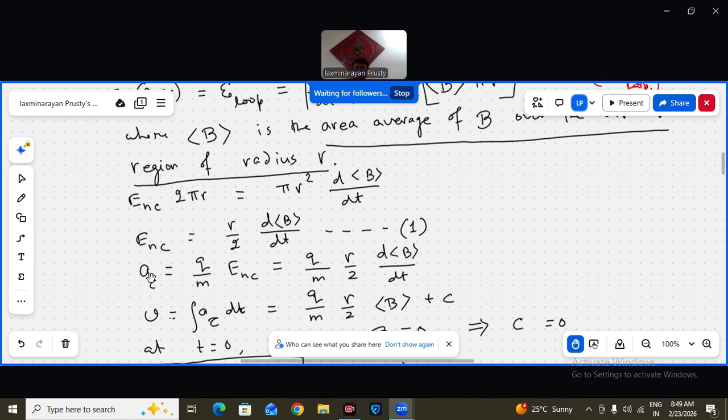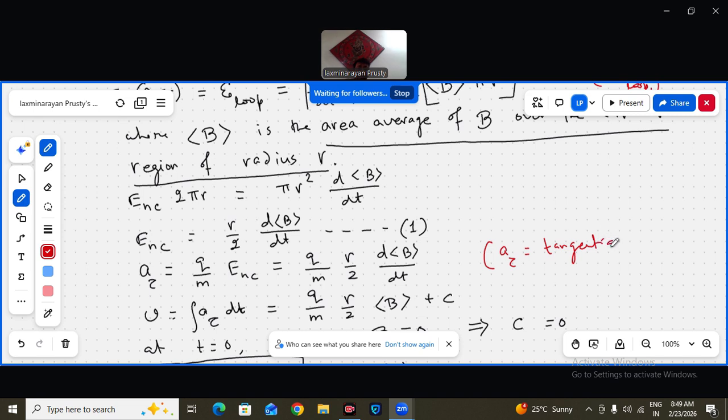So what is the tangential acceleration? Let me write it also. You may feel that the part I am writing is the tangential acceleration, which leads to change of speed.